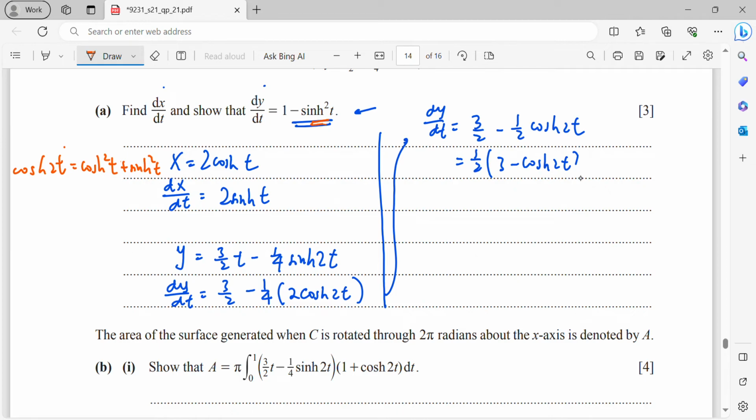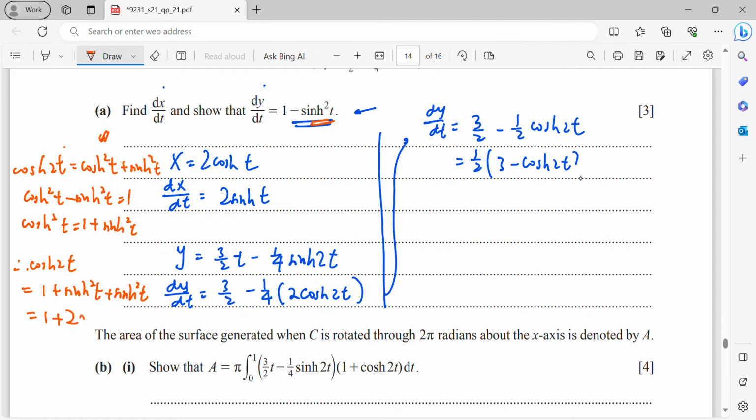Now I need to get sine squared, I don't want cos. So use another identity: cos squared t plus sine squared t is 1. So it means that cos squared t is 1 minus sine squared t. And now you substitute into this. Therefore, cos 2t is 1 minus sine squared t minus another sine squared t. Therefore, it is 1 minus 2 sine squared t. This is the expression that we are using.